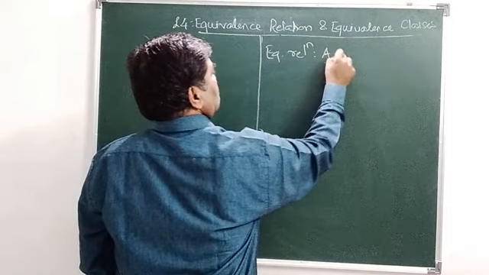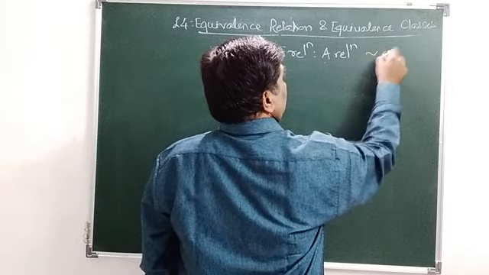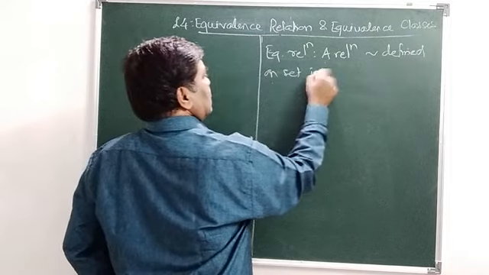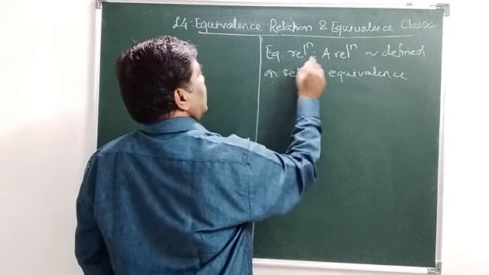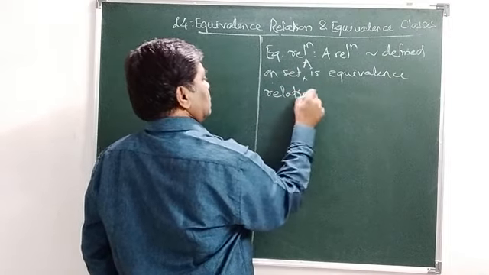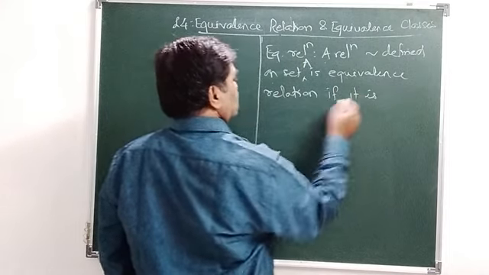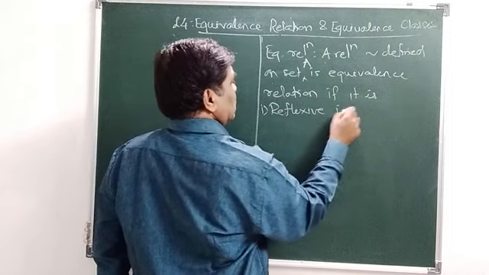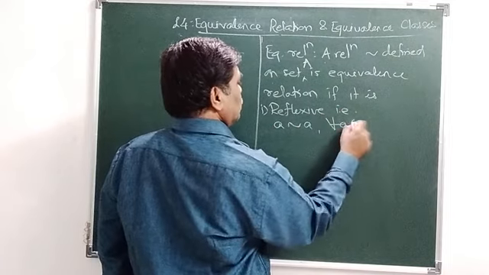A relation tilde defined on set A is an equivalence relation defined on set A if it is first reflexive, that is, a is related to a for every a belongs to A.